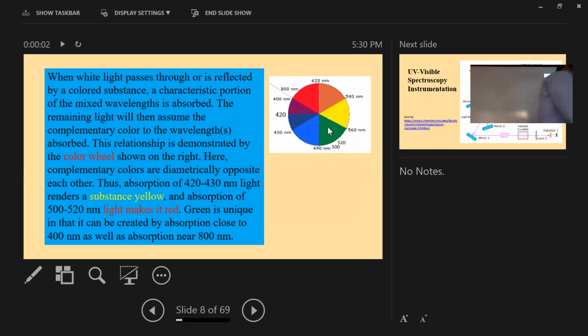This is another very interesting thing. When white light passes through or is reflected by a colored substance, what color will you observe? That has a certain rule.